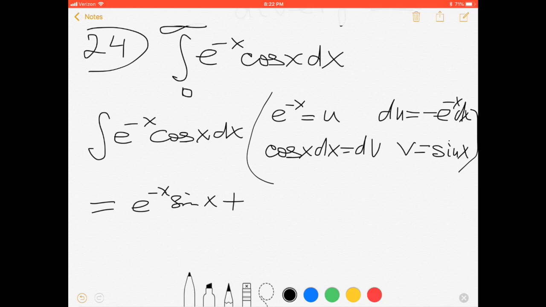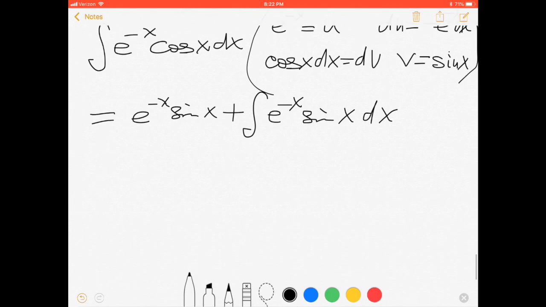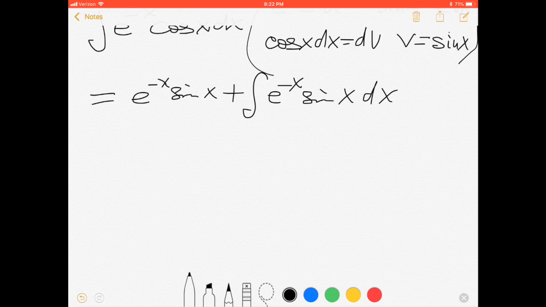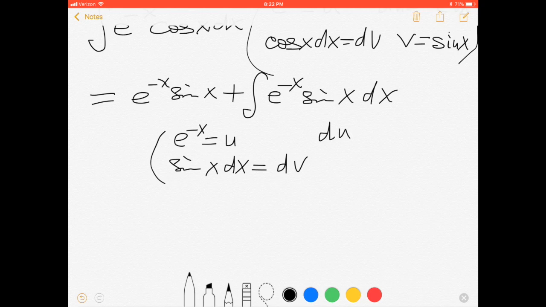This means plus the integral of e to the negative x sine x dx. Use integration by parts one more time. e to the negative x will be u, sine x dx will be dv. du is minus e to the minus x dx, and v will be negative cosine x.